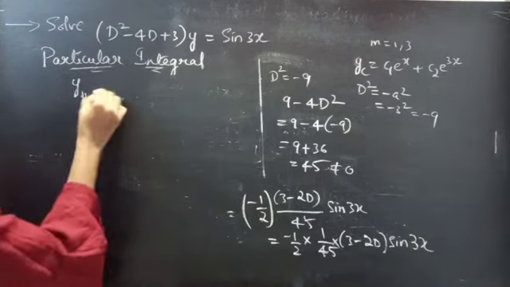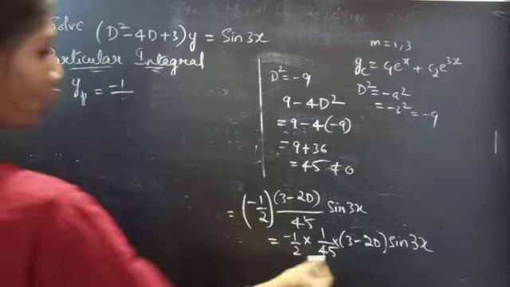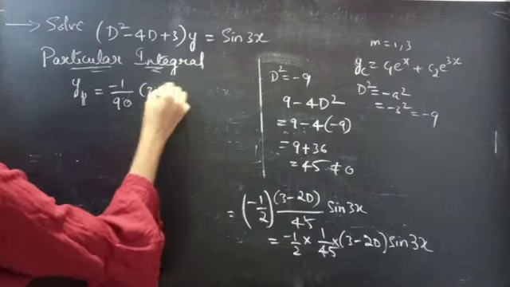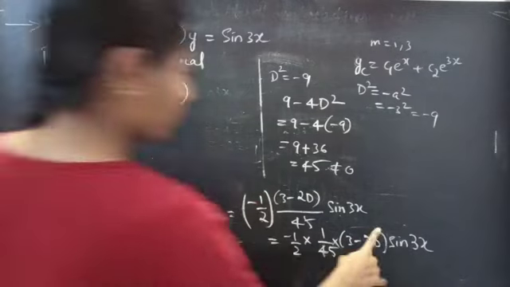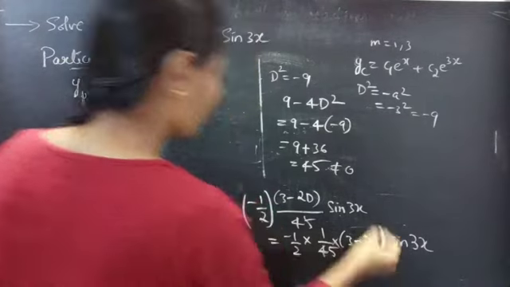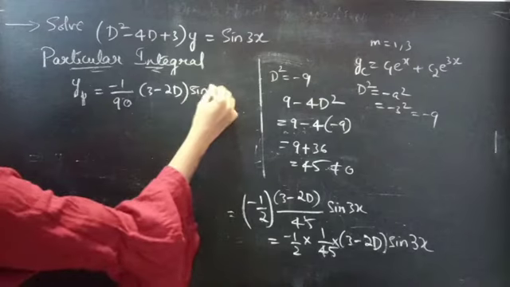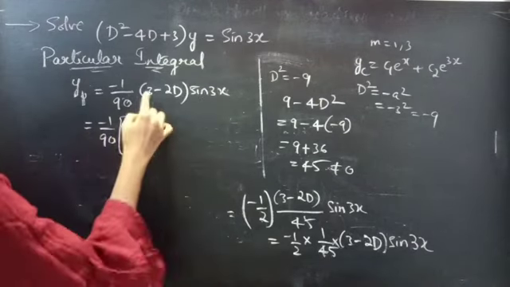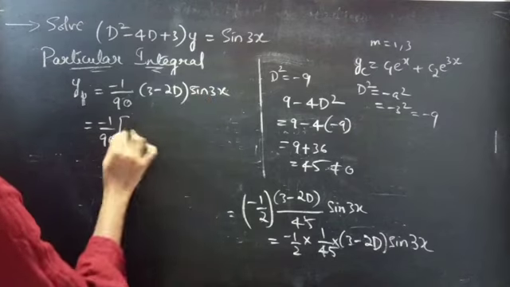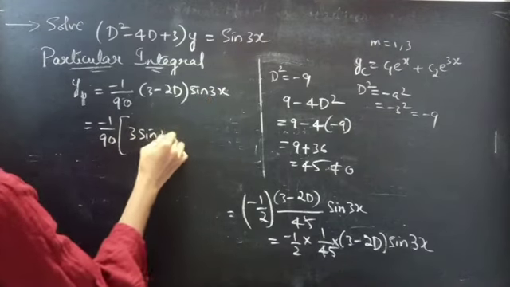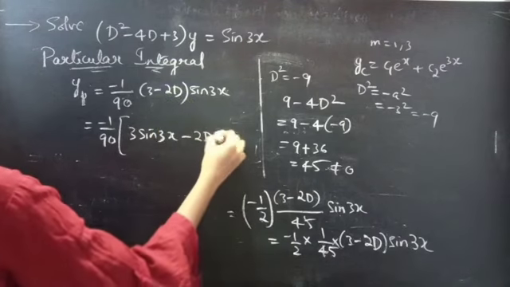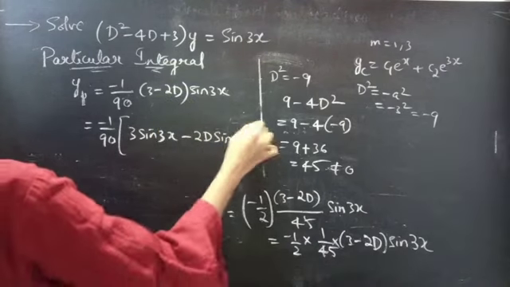Then this becomes minus 1 by 2 into 45, 90, into 3 minus 2D into sine 3x, which is equal to minus 1 by 90 into 3 sine 3x minus 2 into D sine 3x.